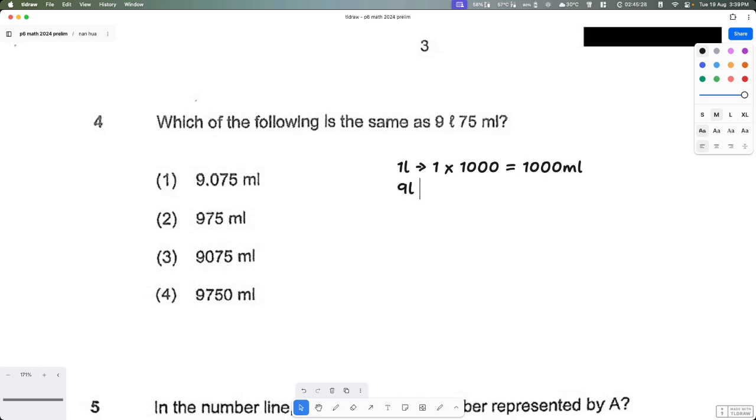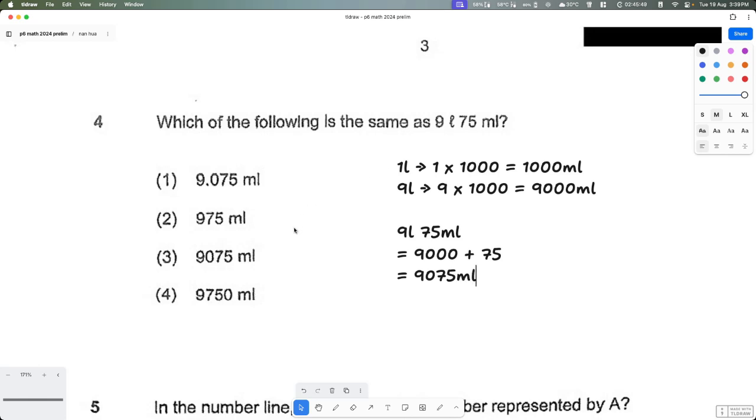So 9 liters is equal to 9 times 1000, which is 9000 milliliters. So 9 liters 75 milliliters is equal to 9000 plus 75, which is equal to 9075 milliliters. And that is option number 3 as well.